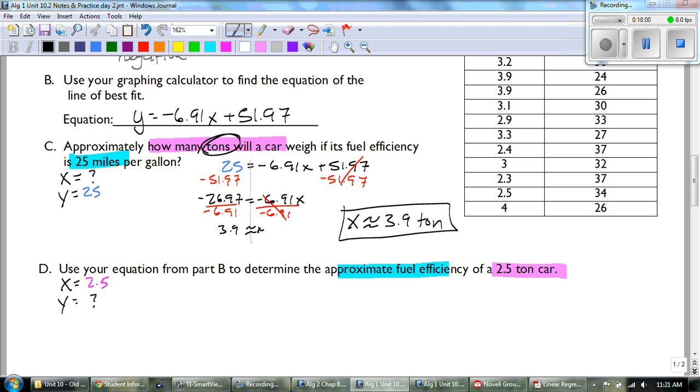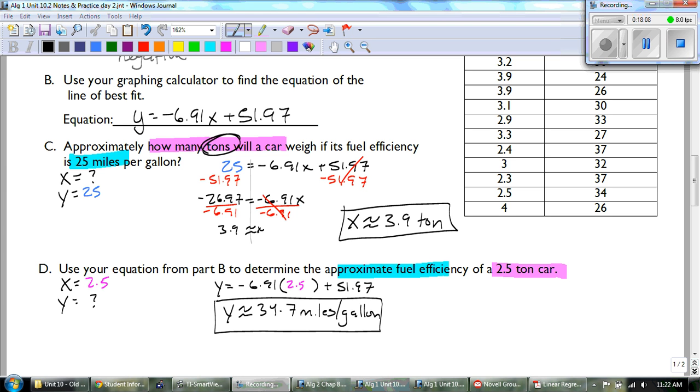Good luck. Once you plug everything in, you should get that Y is equivalent to 34.7 miles per gallon. Remember that we need to round. And when it's asking for highway fuel efficiency, that's miles per gallon.